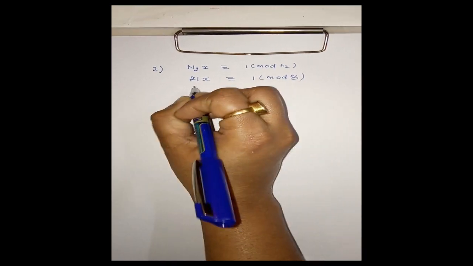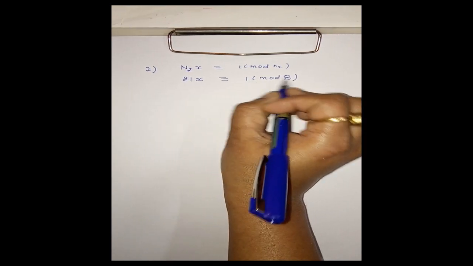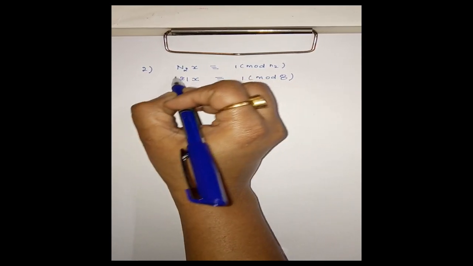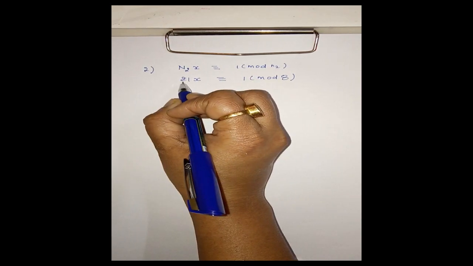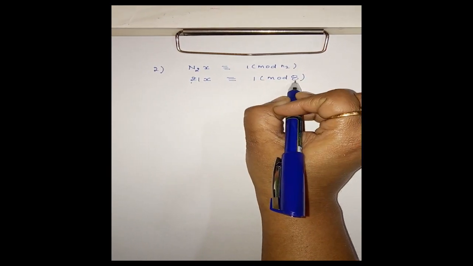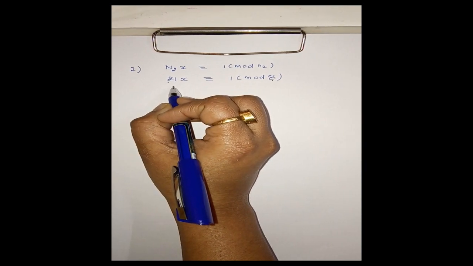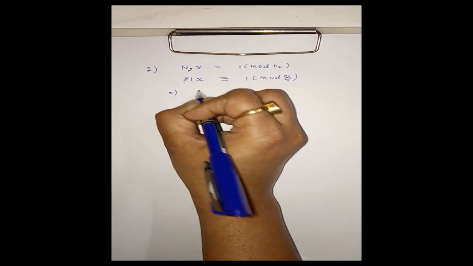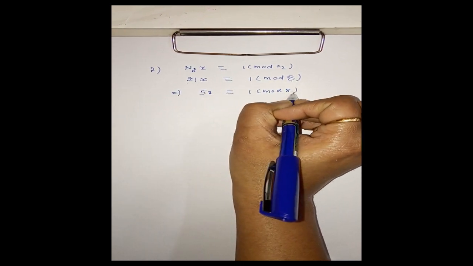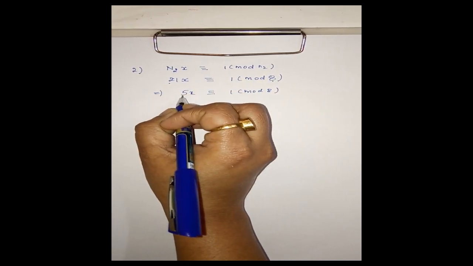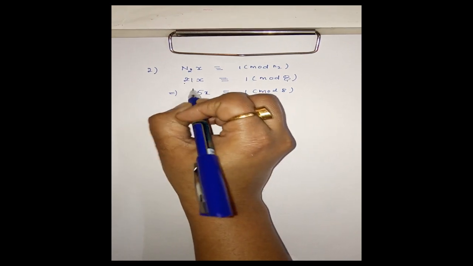From here we can simplify by dividing 21 by 8. The remainder is 5, so this can be written as 5x is congruent to 1 modulo 8, since 8 times 2 is 16 and 21 minus 16 is 5. 5 is the remainder.